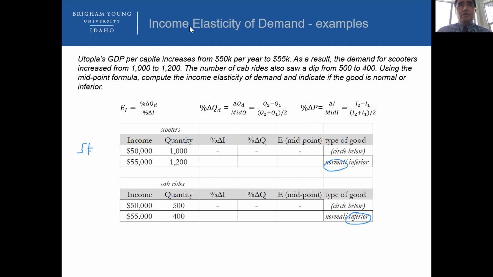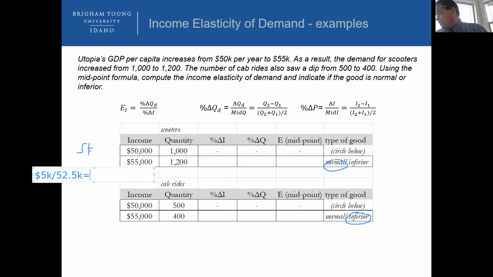I'm going to do text, it'll look nicer. 5,000 in the numerator, and we divide that by the midpoint, halfway between 50,000 and 55,000, which is 52,500. And so that is the change of income.